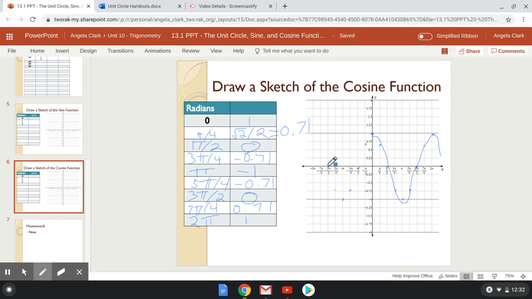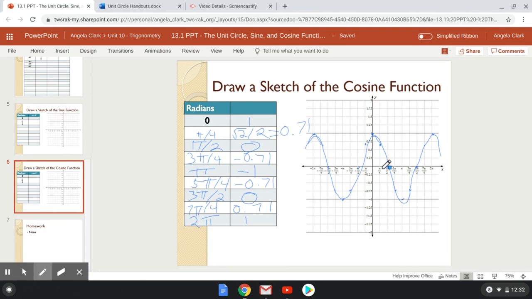0. 0.71, 1. Okay. So the thing I want you to notice about cosine is that it looks a lot like sine, it's just shifted over.